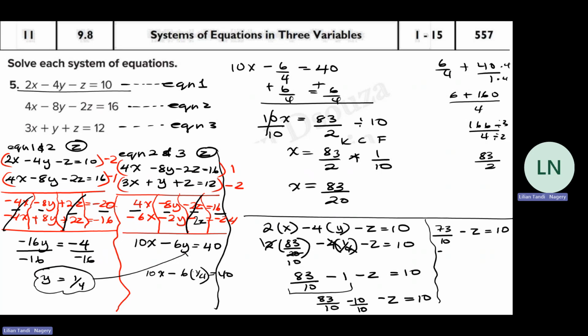Then I will subtract 73 over 10 on both sides. So this goes away. Negative z equals to 10 minus 73 over 10. So this is out of 1, so multiply by 10. So I have 100 minus 73 all over 10.